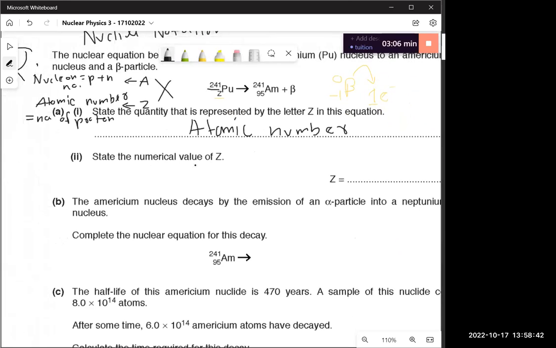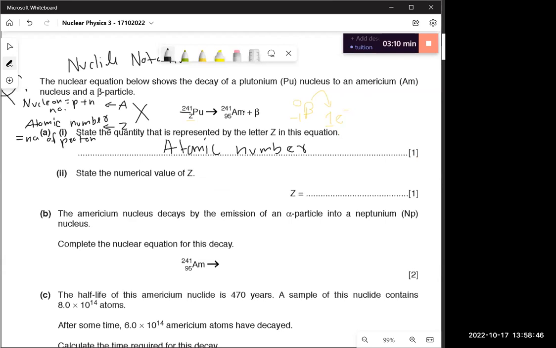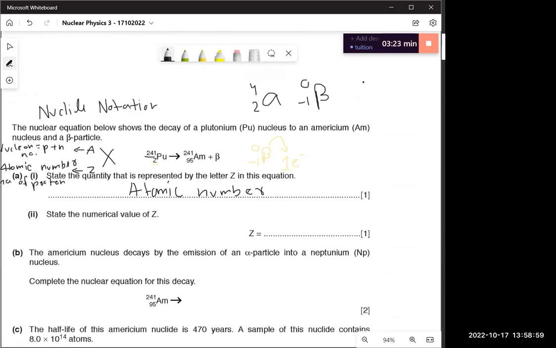Next, state the numerical value of Z. How do we find this answer? You should know that alpha has this notation, 4, 2. Beta has this notation, 0, minus 1. And gamma has this notation, 0, 0.